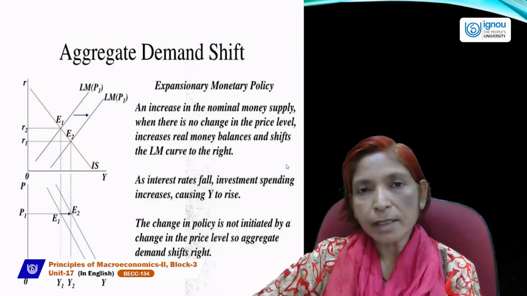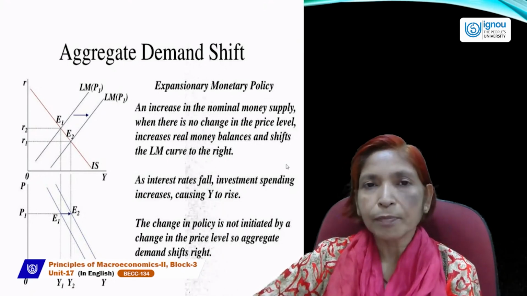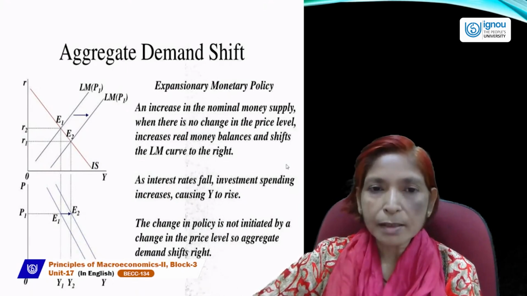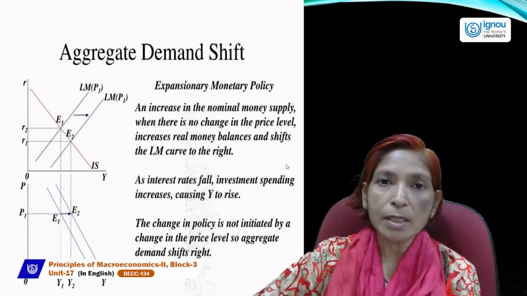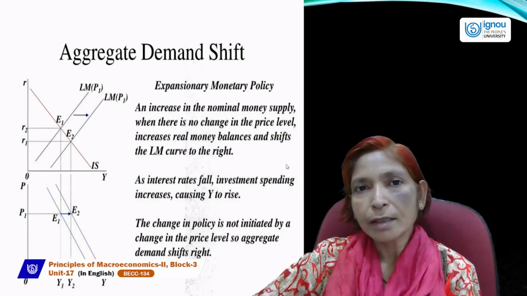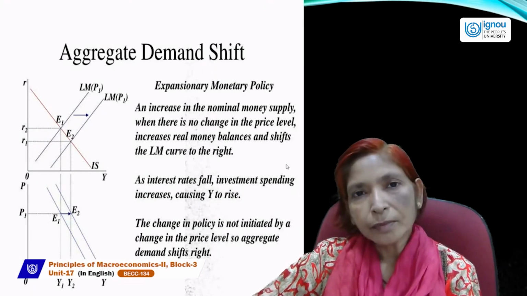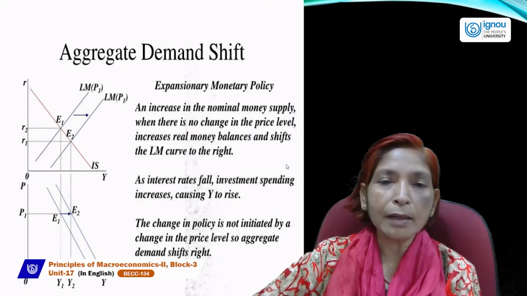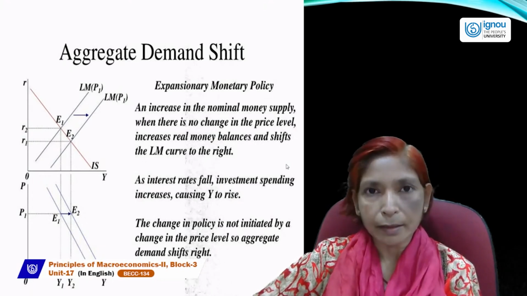When investment rises, production will rise. Due to the rise in production, employment will rise. Due to the rise in employment, income will rise. And due to the rise in income, demand will rise. All these things are interrelated or interconnected.